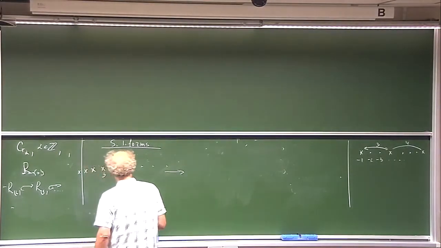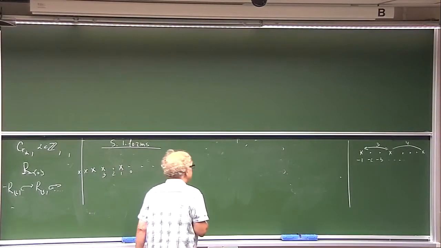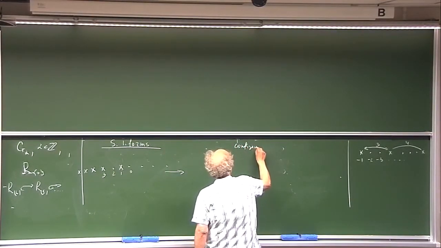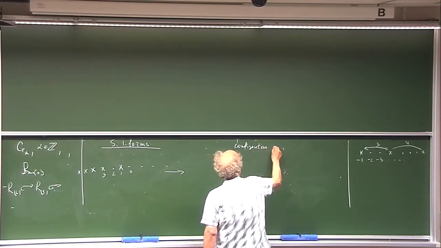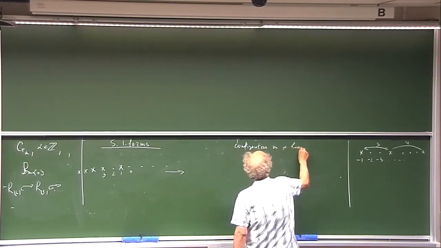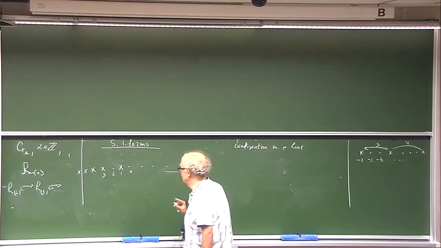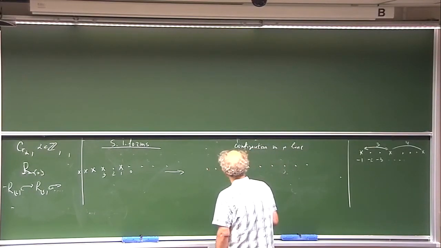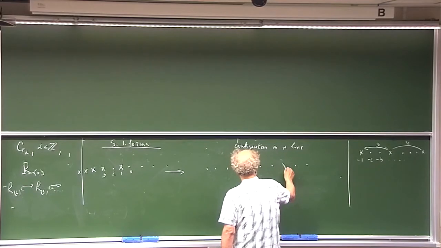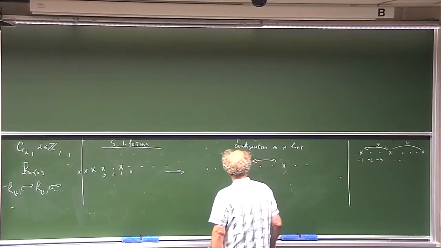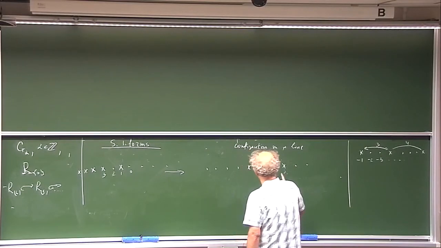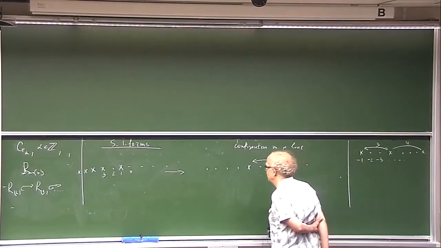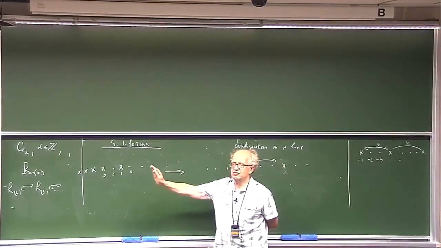Then the similar story is the following. We can consider the space of configurations on a line with similar properties. First of all, crosses can be only at distance 3 or more. Also, in this direction, the configuration is finite, and in this direction, the configuration is dense.